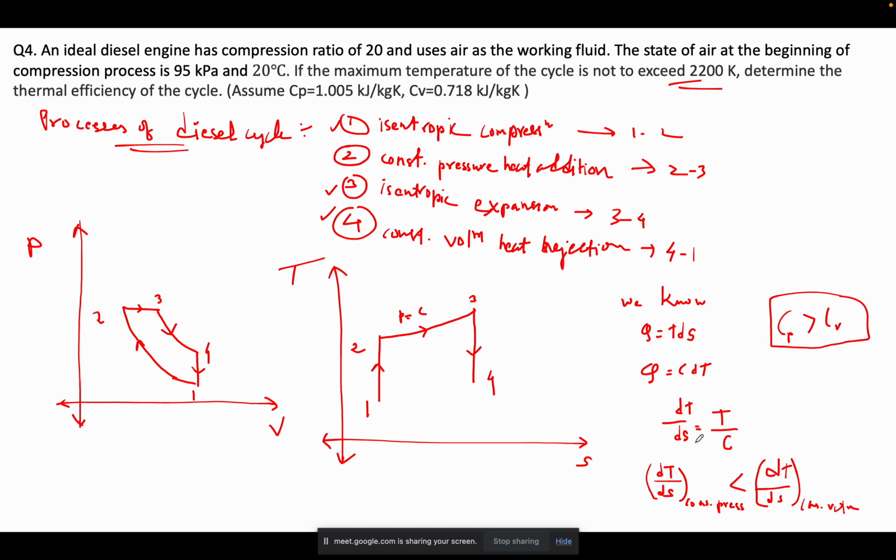Since Cp is greater, the slope of constant pressure will be less. So that means the constant volume line will be much steeper. So that will be the point 4. Clear? So this is V equal to C.